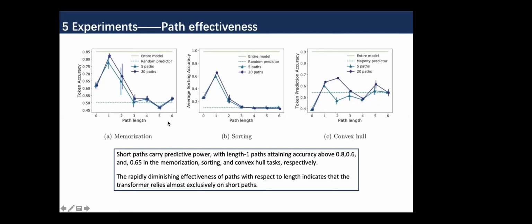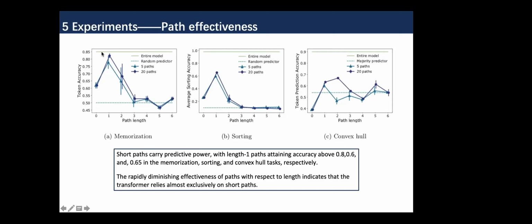The X axis is path length, and it's from 0 to 6. And the Y axis is token accuracy. Also, it's a little different between these 3 pictures here. We can see in the memorization task, of course, the random predictor is 50% right.